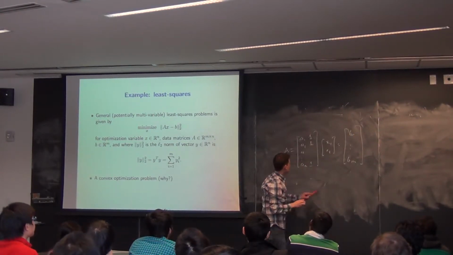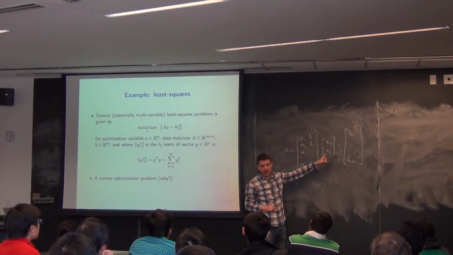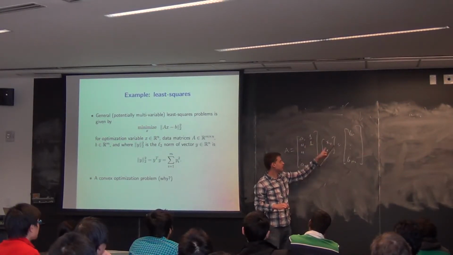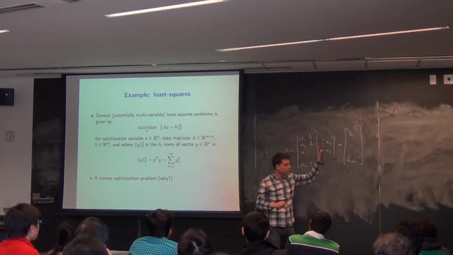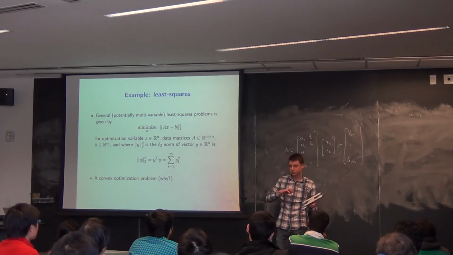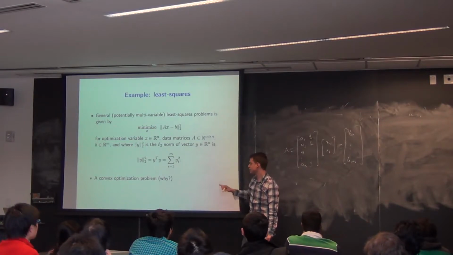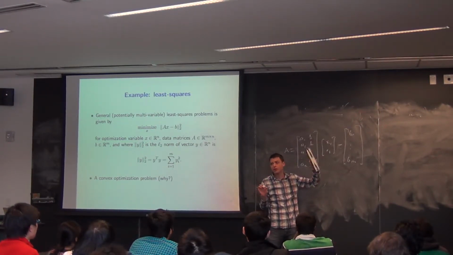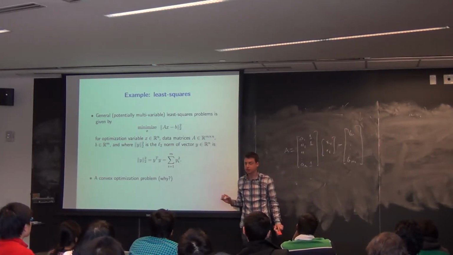Essentially, to make this an intercept term, you always add a column of ones. So this would be a1 times x1 plus x2, minus b1. Take all those terms together and square them, and that's equivalent to the figure I drew, or the equation on the first slide. This is just a more general form, because A can have many columns. This is called a multivariate least squares problem.